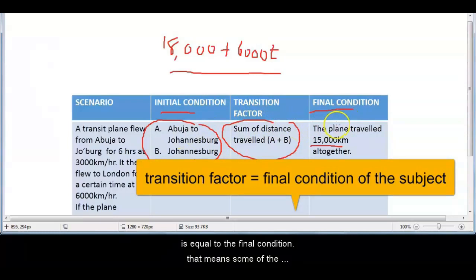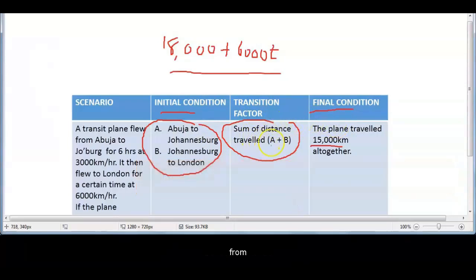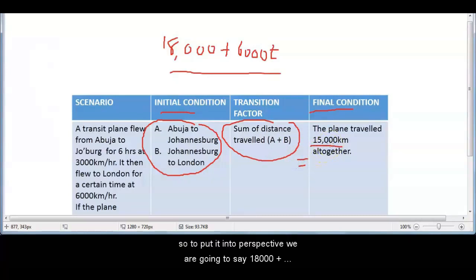That means the sum of the distance traveled from Abuja to London altogether is equal to 15,000 kilometers. So to put it into perspective, we are going to say 18,000 plus 6,000 T, which is this, is equal to 15,000.